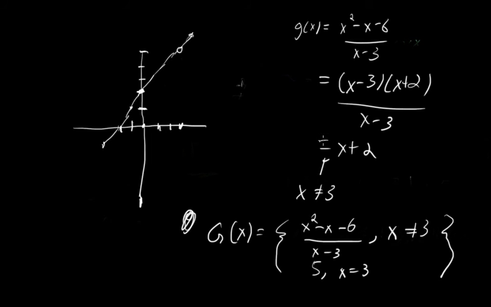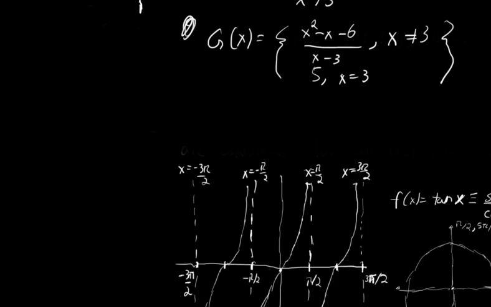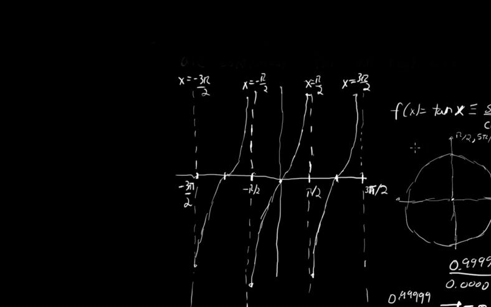And again, this is another situation in which the denominator would be 0. In the prior case we looked at, tangent of x, we had infinite discontinuities when the denominator was 0 at odd multiples of pi over 2, because the denominator of tangent of x is cosine of x, and at odd multiples of pi over 2, cosine is 0.